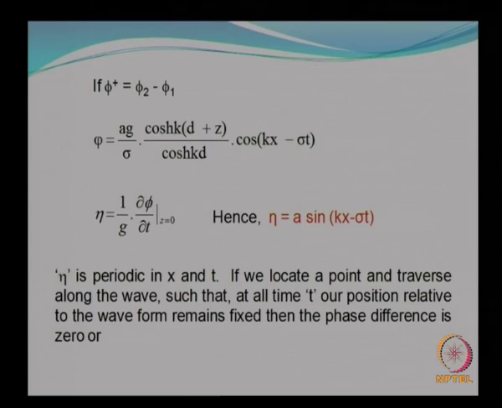Now you assume, simple thing is, you assume a channel and a wave is moving from one end to another end. You try to locate a point on the wave.